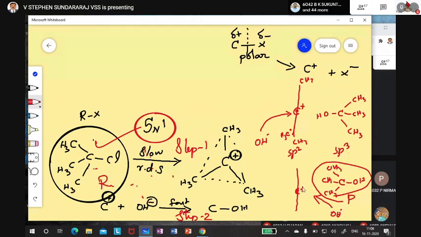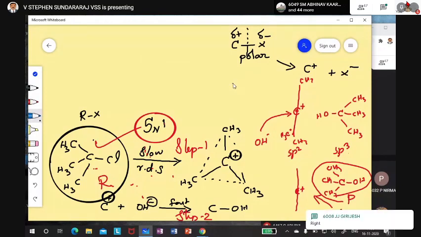That means which side will it attack? Anybody can tell me the answer? Which side will attack? OH minus will attack from the left hand side of the board, what I have drawn in the first diagram, or the right hand side? Which side will attack? Anybody? Tell me, right side or left side? Right side.